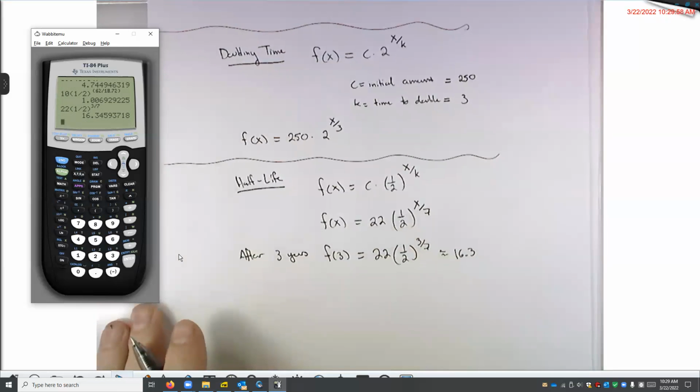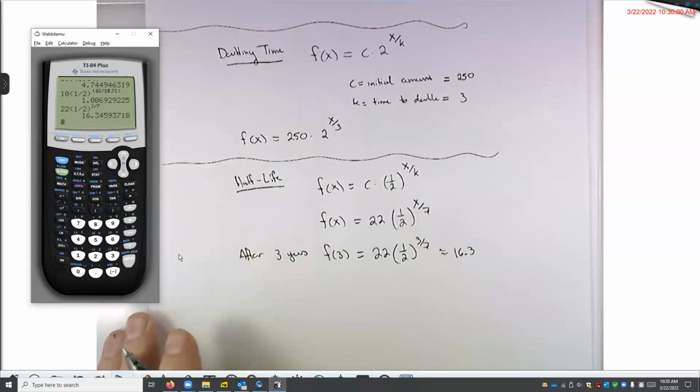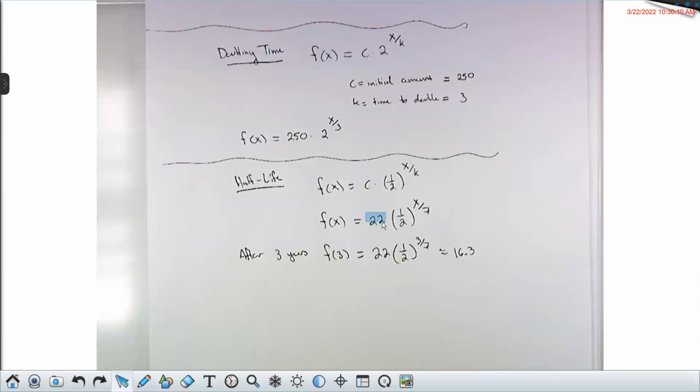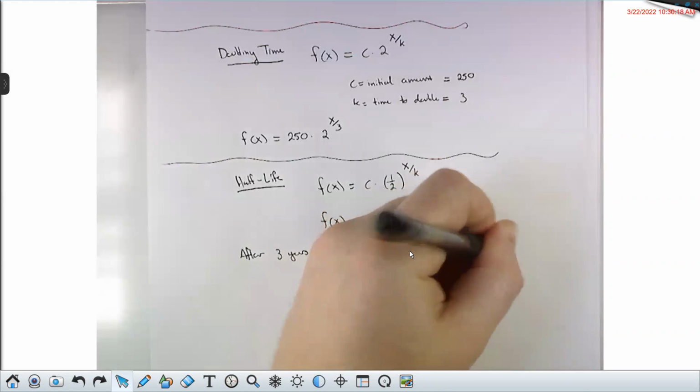What would this be measured in? 16.3 what? Kilograms? Yeah, very good, right? This 22, this is 22 kilograms. This number doesn't have any units. So this is 22 kilograms times this number is 16.3 kg.